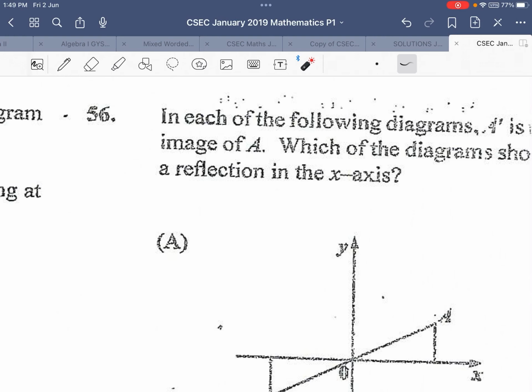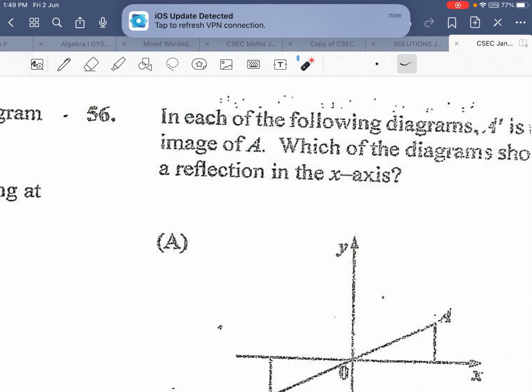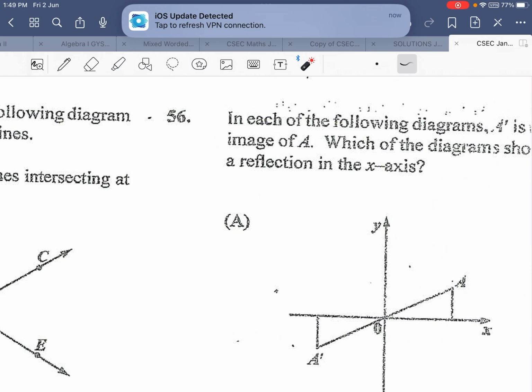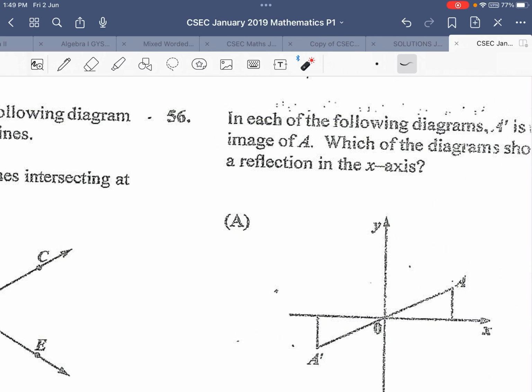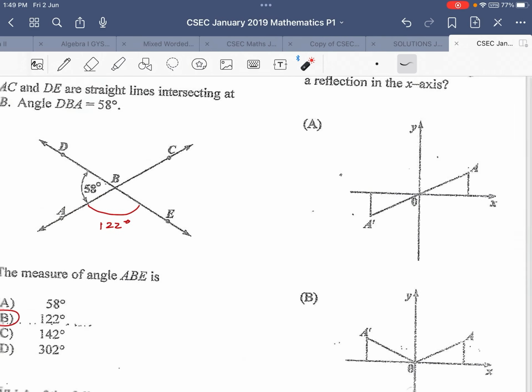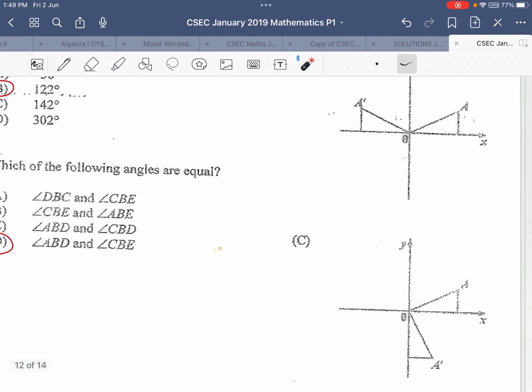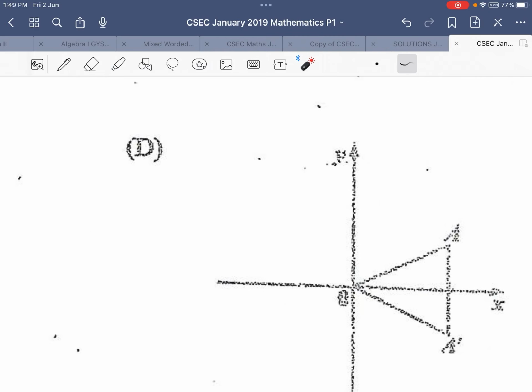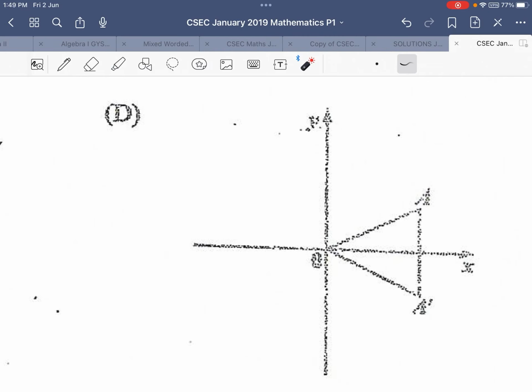Okay, 56. In each of the following diagrams, A prime is the image of A. Which of the diagrams show a reflection in the x-axis? So reflection in the x-axis is going to mean the same orientation along the x-axis. So that would be this one.